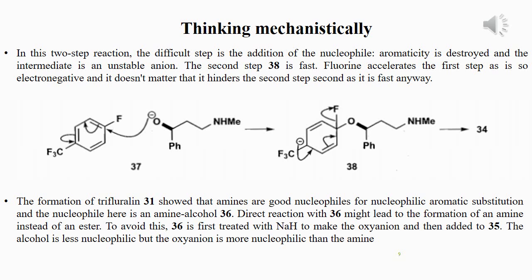There is a competition between these two lone pairs, which makes oxygen less nucleophilic than nitrogen. But when we remove a proton from the alcohol, the oxyanion is produced, which is more nucleophilic than the amine. So we treat 36 with sodium hydroxide to make it more nucleophilic.